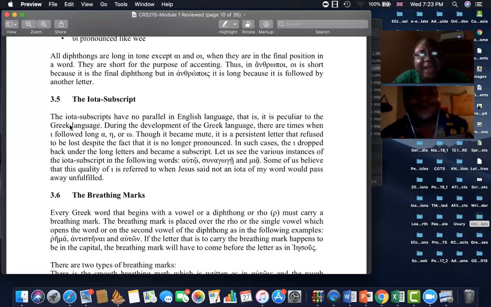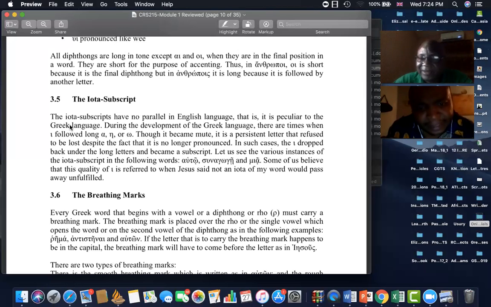The next word, synagogue, is ended by eta, and on the leg of eta there is also a small dot under it. And the third word is mia. You will see it under the alpha, the last letter there.